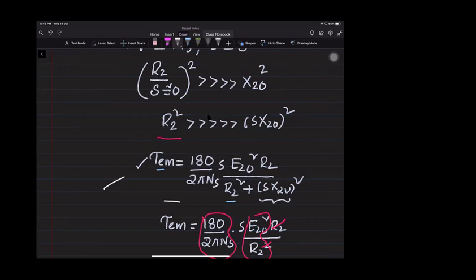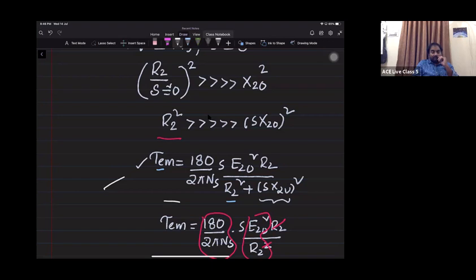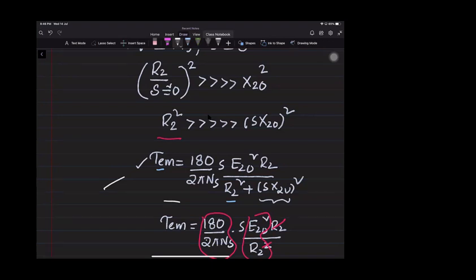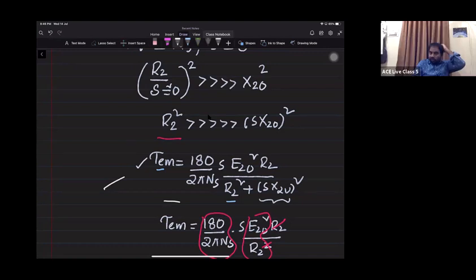Sir, in a squirrel cage induction motor, why do we not use the turns ratio? See, in a squirrel cage induction motor, do you have any windings? No, it's a bar. So that's the reason there is no question of a turns ratio.